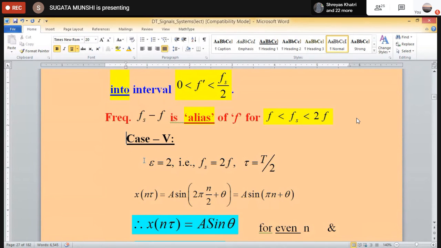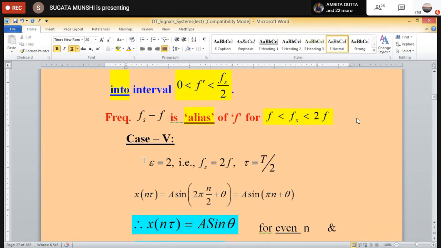When Fs is equal to twice f, what will happen if you substitute epsilon equal to 2 in the expression for x n tau? It will come out as a sine pi n plus theta. That means x n tau will be a sine theta for even n, and minus a sine theta for odd n, isn't it?